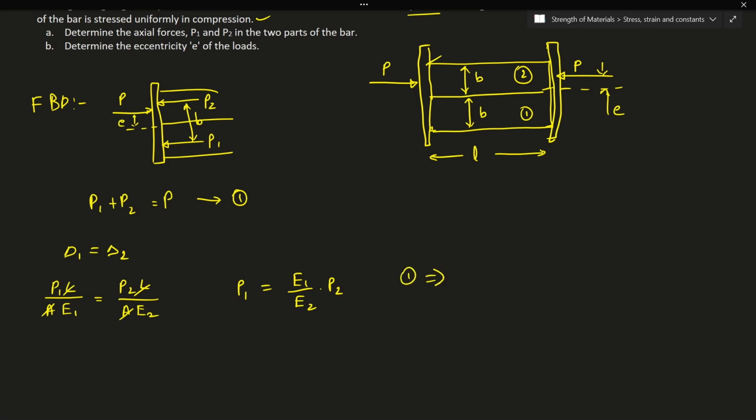Now I'll apply this in equation number 1. Equation 1 will become, I'll take P2 as common now, so P2 into E1 by E2 plus 1 is equal to P. Okay, now P2 is equal to E2 into P divided by E1 plus E2.